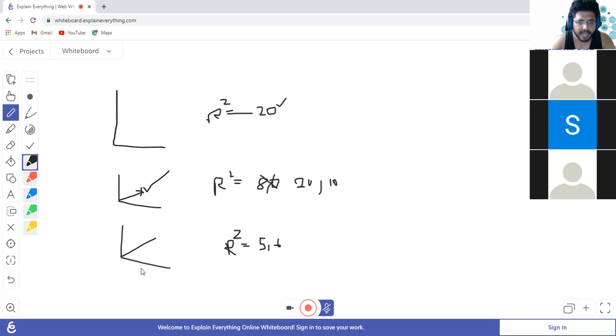That means adding that variable decreased the confidence we had in our model. So we have to remove this. But if I add mouse age, then R square may become 100. In that case, I'll say okay, this is a very good addition, so let's keep it.